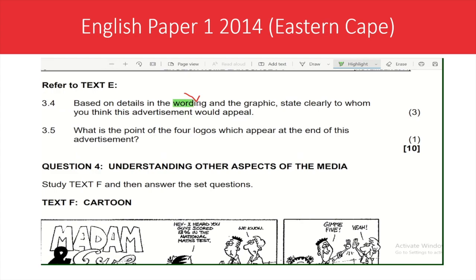So we're looking at the wording, or the written, and the graphic, or the visual, and state to whom you think this advert would appeal. So we have a 3-fold question over here, and that is why it's for the full 3 marks. You need to discuss the wording, you need to discuss the graphics, and then you need to discuss the target audience. To whom would this appeal?